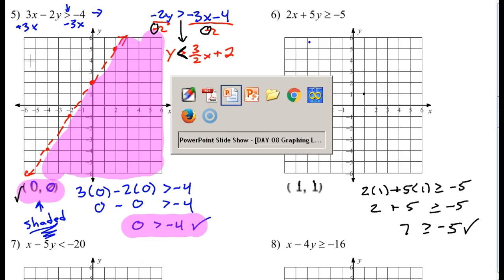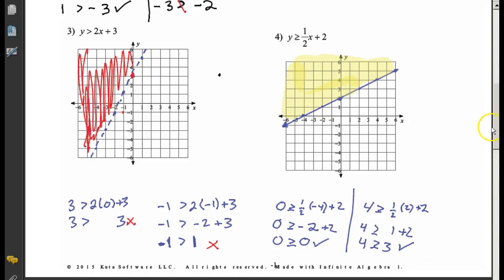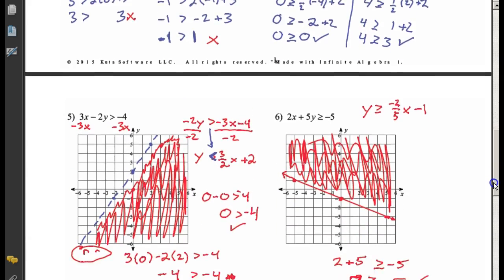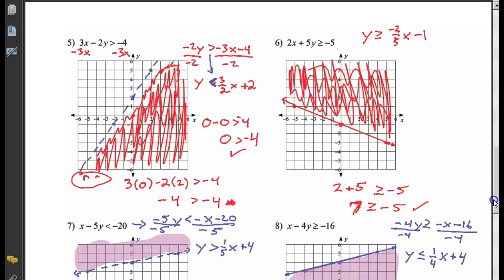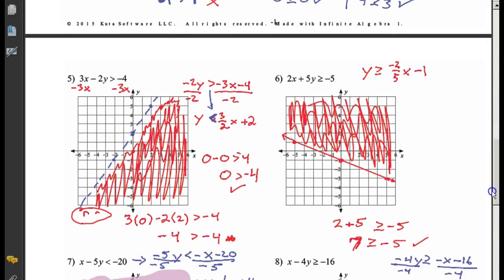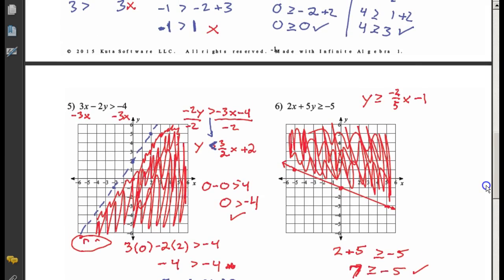Okay, let's look at, let's see here. Here's 5 and 6. Okay, is that what you have for 5 and 6 there? Or 6 at least? And we did not divide by a negative here, so it's the same.